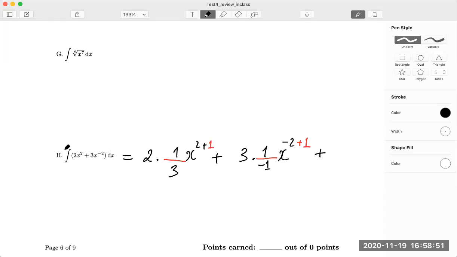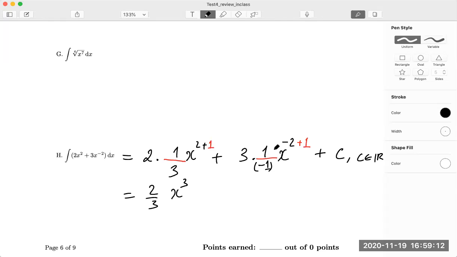This is an indefinite integral, so we need to add a constant, where c is a constant. This is 2/3 x cubed.